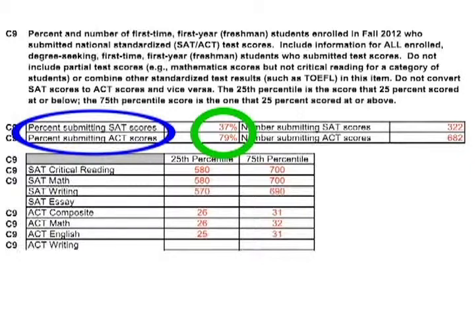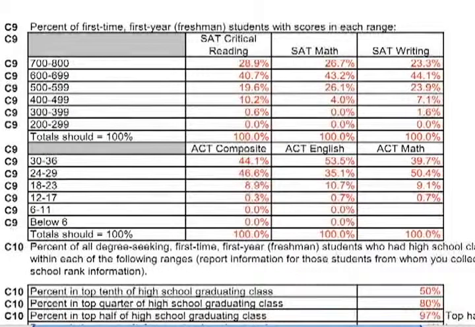It lets you know the range, the 25th to 75th percentile range for the scores. But there's a lot of other sources, College Navigator, that gives you that. What I love, and why I look at C9, is the actual breakdown. This is what I find to be extremely helpful. So look at, for example, how many students had testing between 400 and 500, 500 and 600, or between 18 and 23, 24 and 29, or 30 and 36 if you're an ACT person.